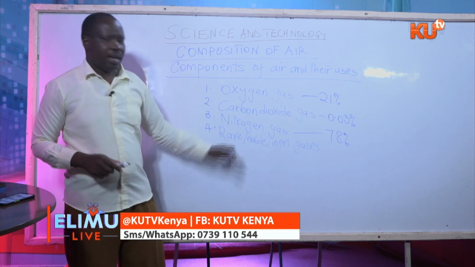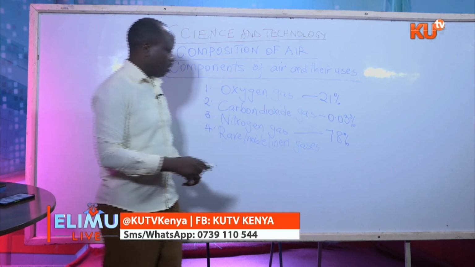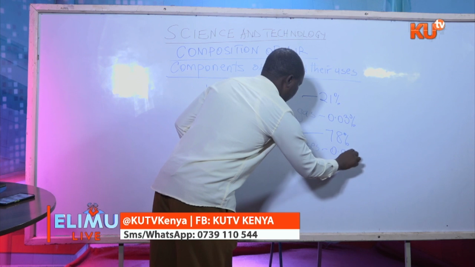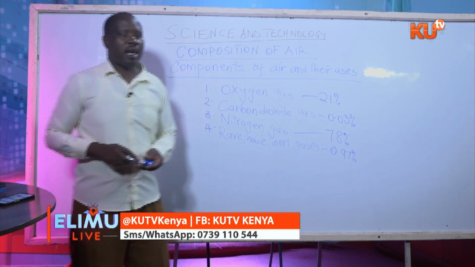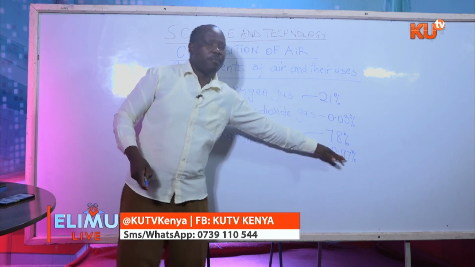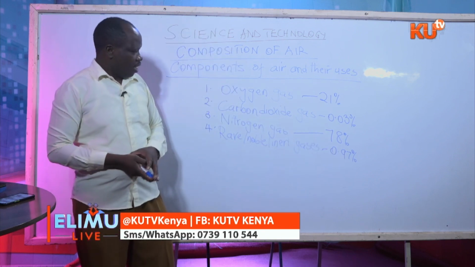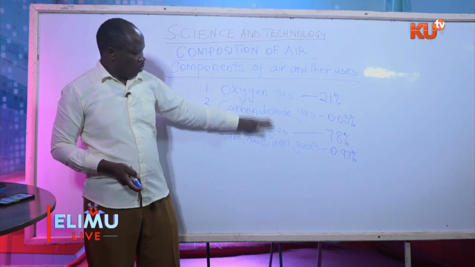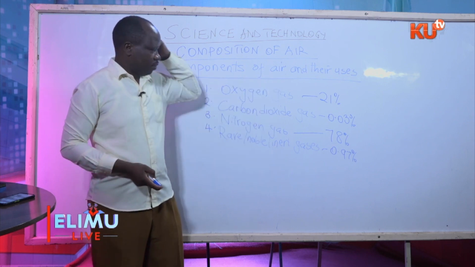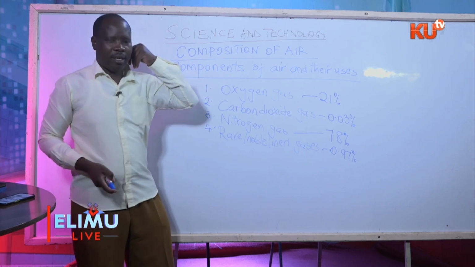And these rare gases or noble gases or inert gases are made up of 0.97%. So this is how these different components of air are distributed in the atmosphere.